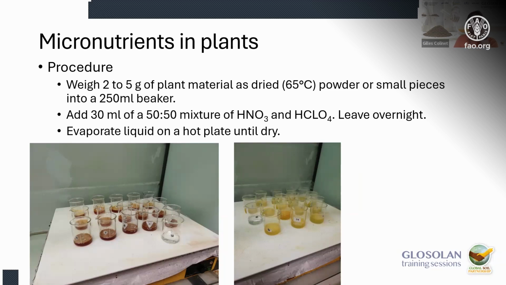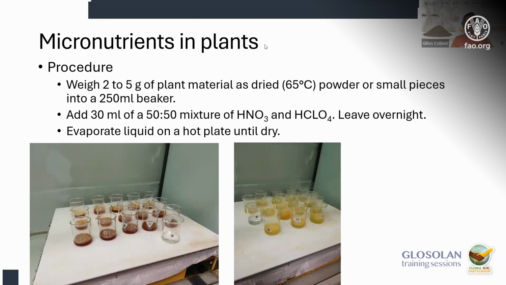If you are measuring major nutrient, you don't need a lot of material. But if you know that it will be at very short concentrations in the plant, you try to use as much as possible of plant material.